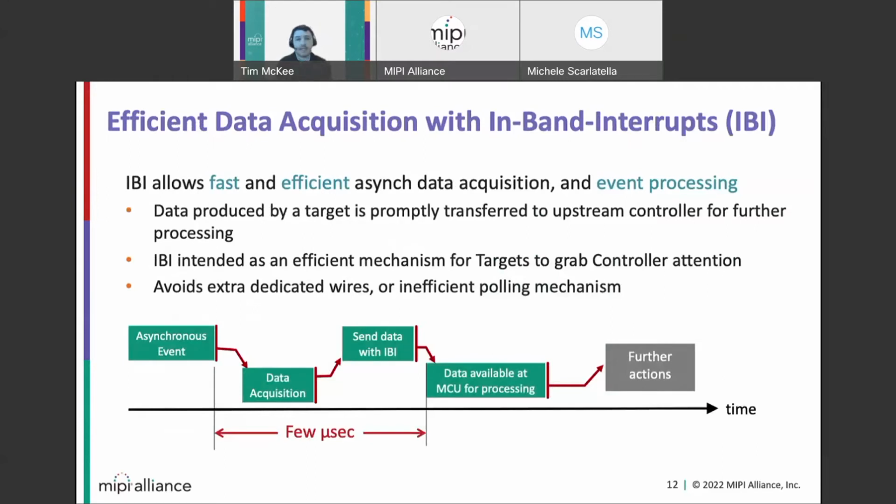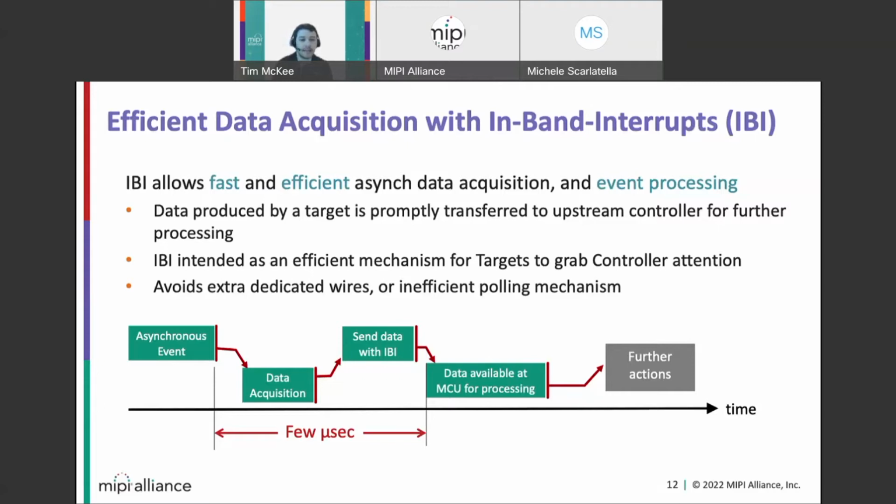In-band interrupts. Another addition that we made allows for asynchronous data acquisition. In traditional systems, a lot of the time you would have a host going out and polling and polling and polling, always sending polling for data, which could fill up the bus pretty easily. With IBI, we allow targets to asynchronously send an interrupt and let the host know, hey, I have some data that I need to send to you.